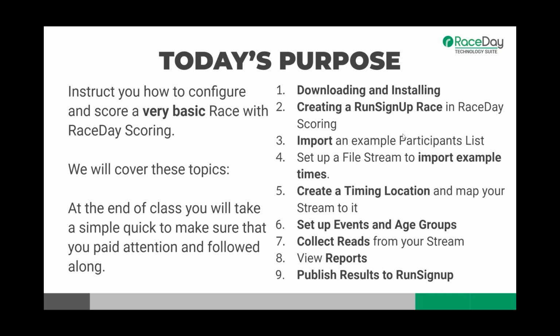So we'll download and install RaceDay scoring, create a race in RunSignup using RaceDay scoring, import an example participant list, set up a file stream to import those times that we give you, create a timing location, map your streams to it, set up events and age groups, collect reads from your stream, view reports, and publish them to RunSignup.